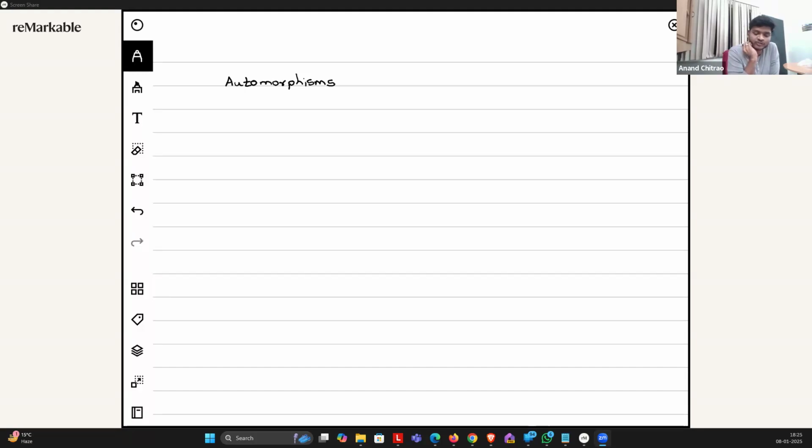If we put both of those conditions, injective plus surjective, which is bijective, we get an isomorphism. Now, if both groups are the same, G to G, and you have a map f which is a homomorphism plus bijective, then f is called an automorphism.